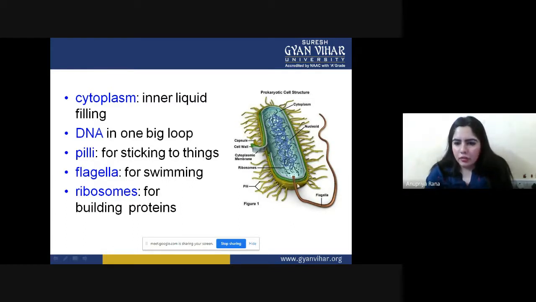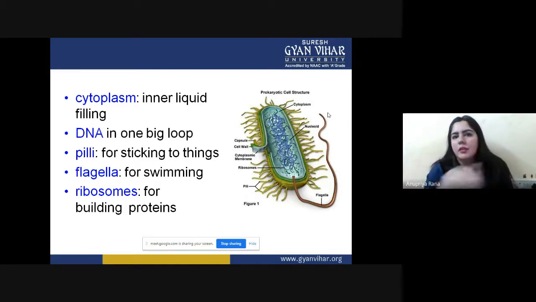Flagella is the long thread here. This long thread, flagella, is basically present for swimming or movement. All movement going from one place to another, all directional movement, can be done by the flagella. Last one here, inside the cell, is the ribosome.